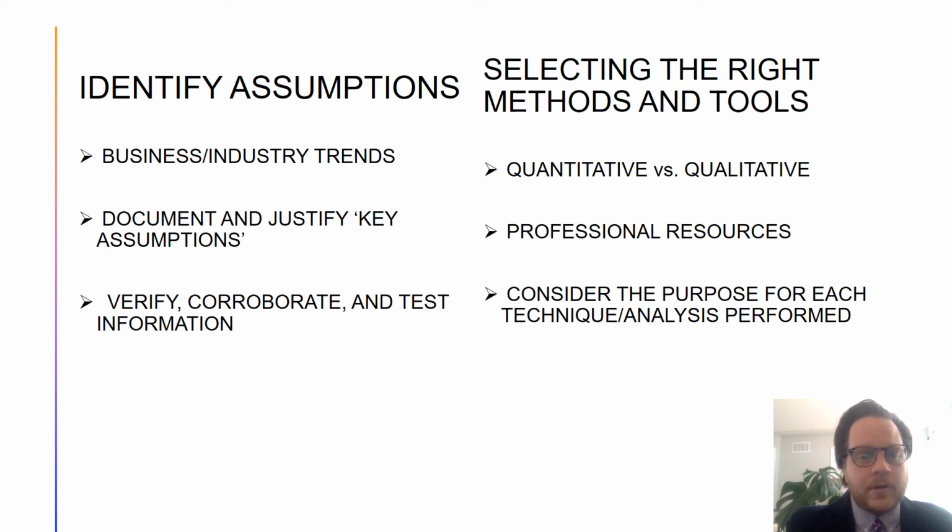So for example, if one of your key assumptions is that industry sales are expected to decline 5% year over year for the next 10 years, you want to make sure that you're specifically documenting that and justifying it based on industry research that you'd completed, and make sure that you're listing the source and the date that you've accessed and things of that nature.